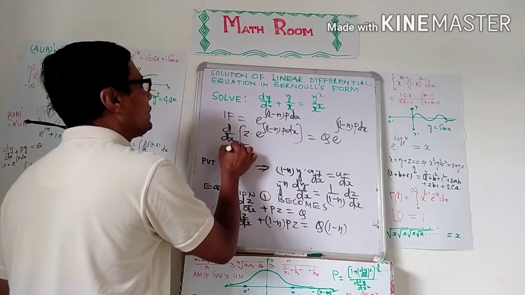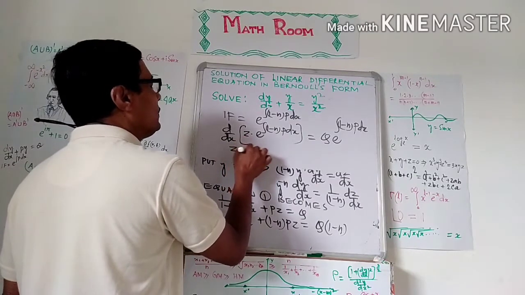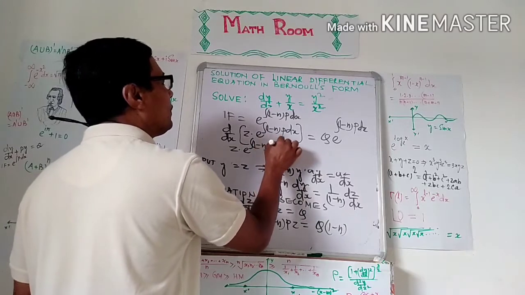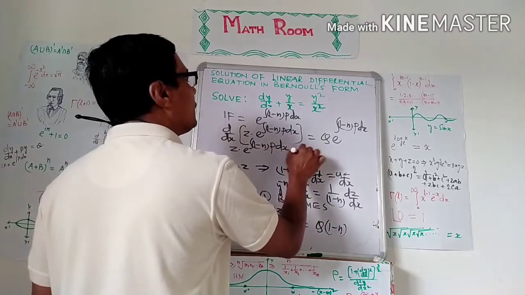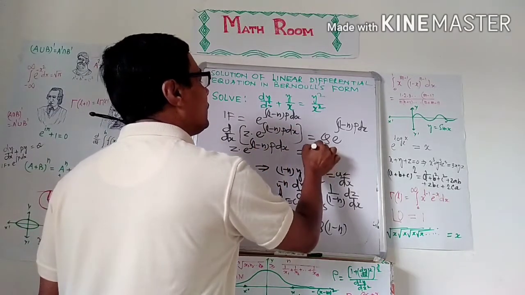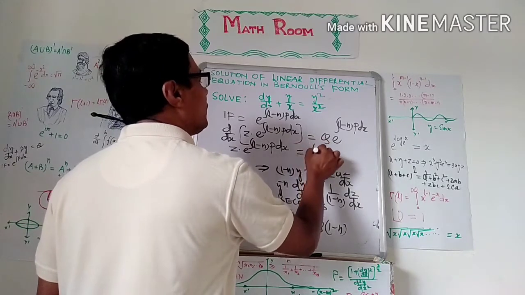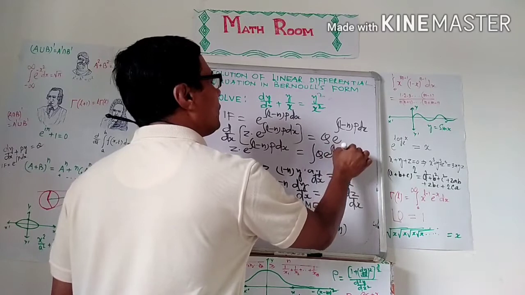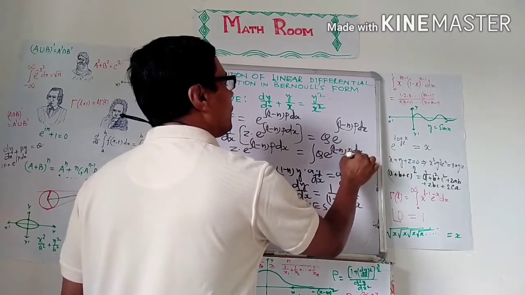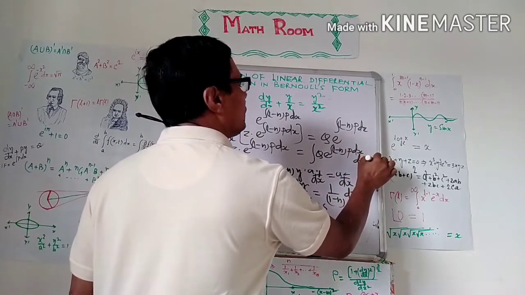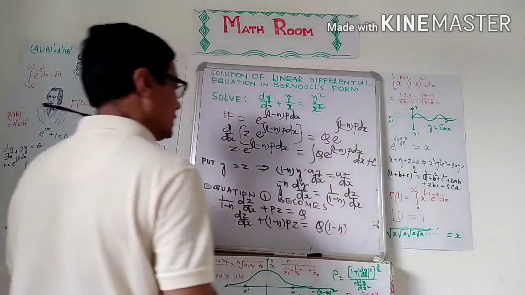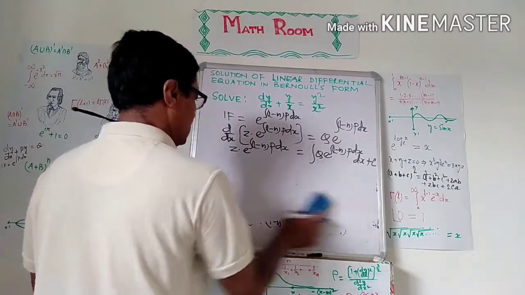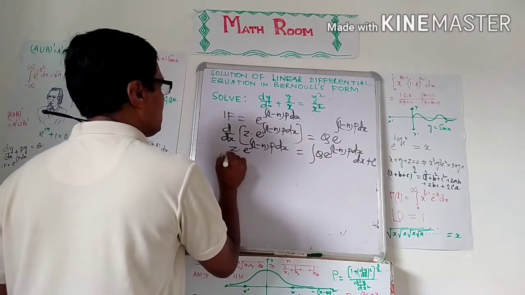After integration, we get z times e to the power integral of (1-n)P dx equal to the integral of Q and so on, and here we also include C, the integration constant.